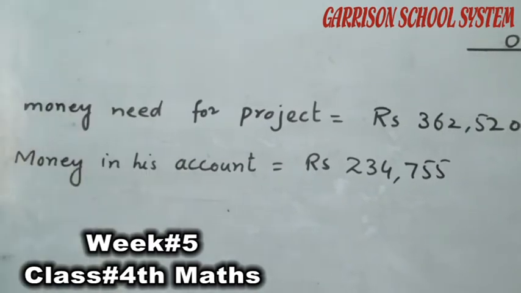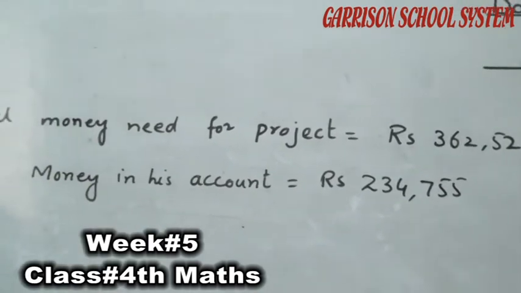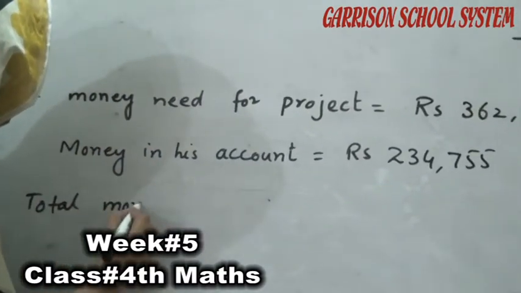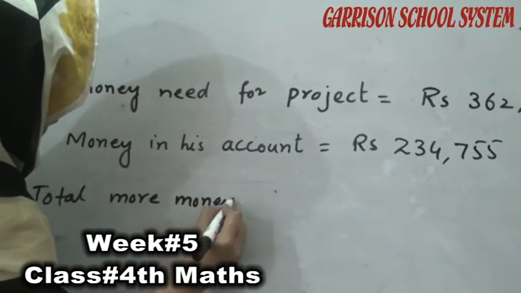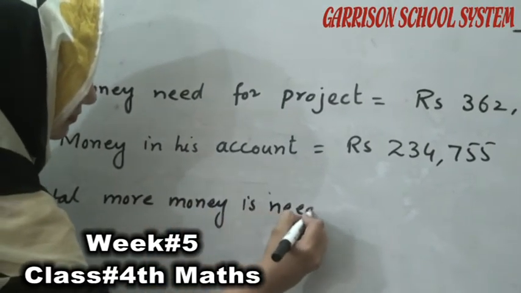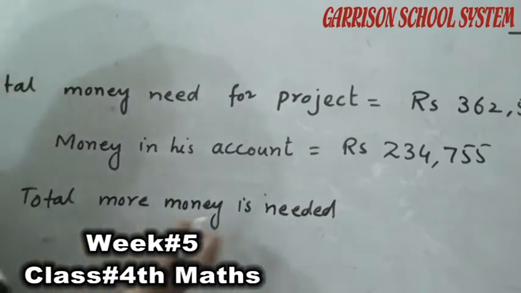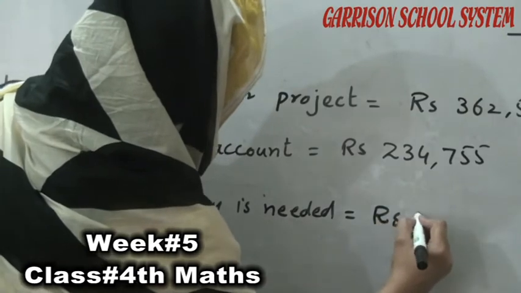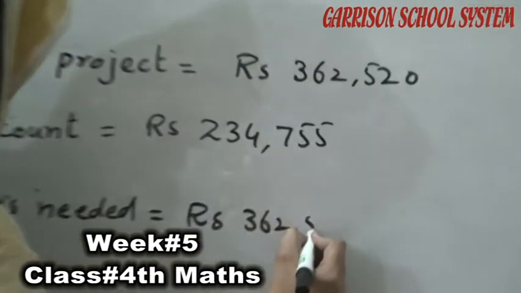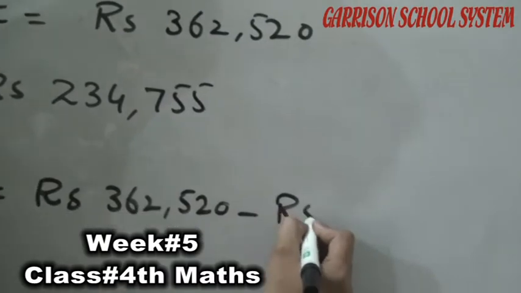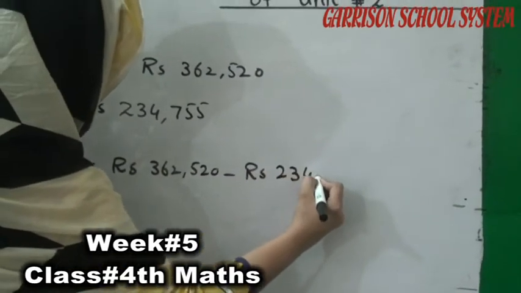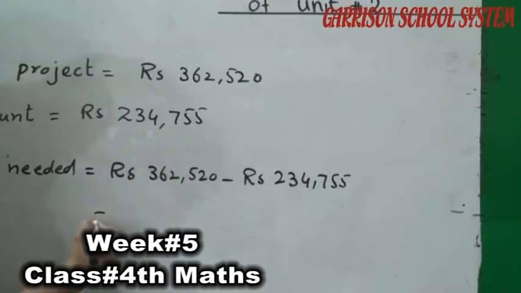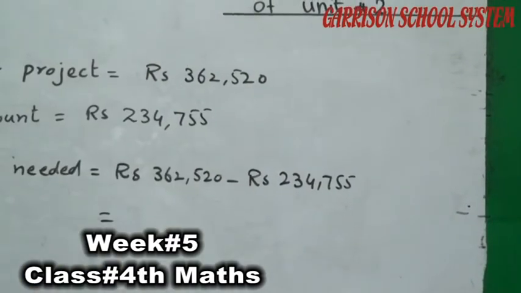We can write it in this way: total more money needed is, we can subtract 362,520 minus rupees 234,755. Okay, we can subtract in this way.